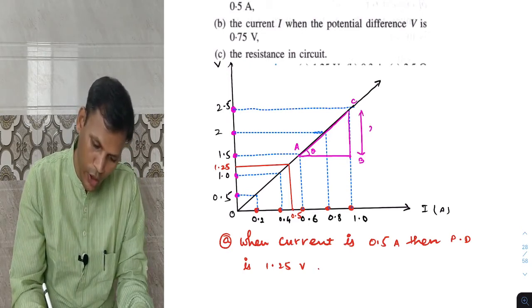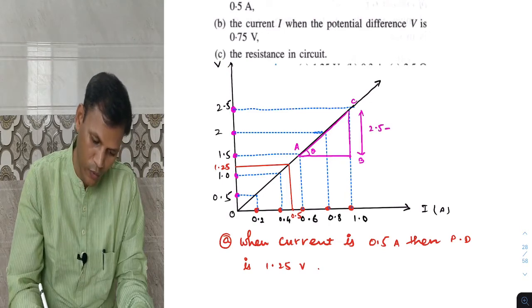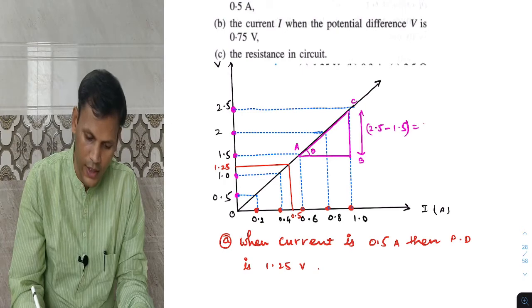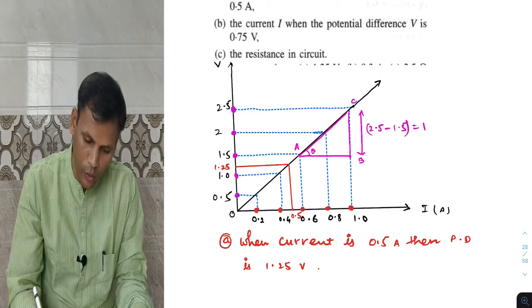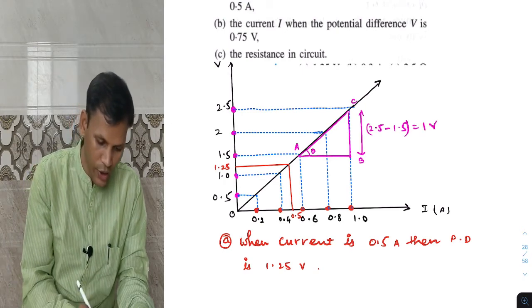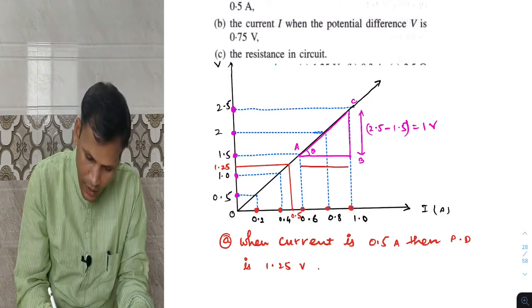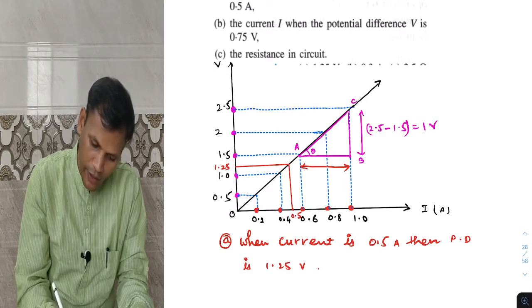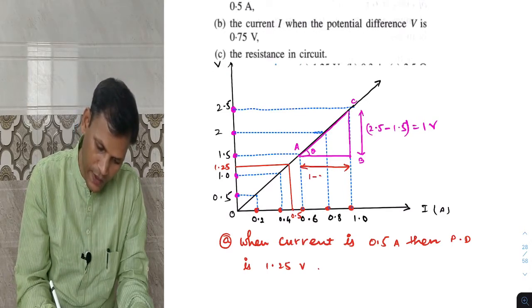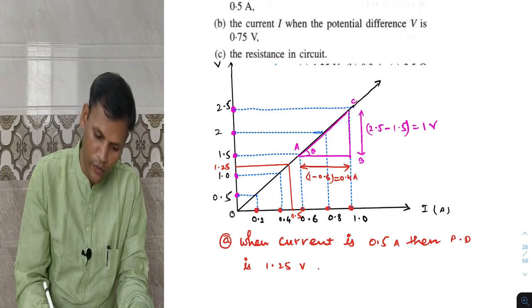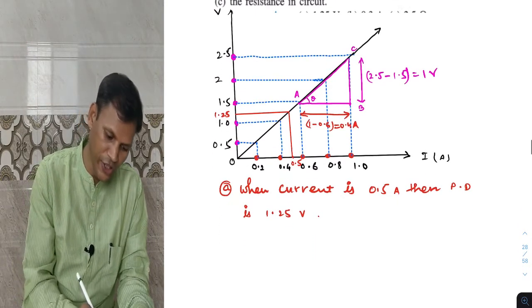BC will be 2.5 minus 1.5, that is 1 volt. And AB will be 1 minus 0.6, that will be 0.4 ampere.